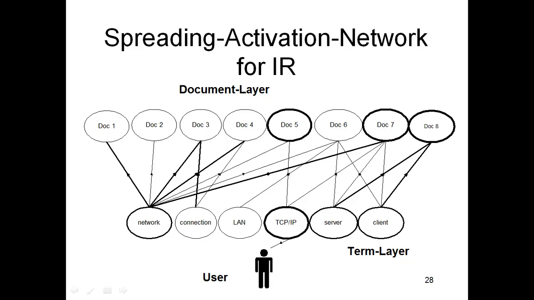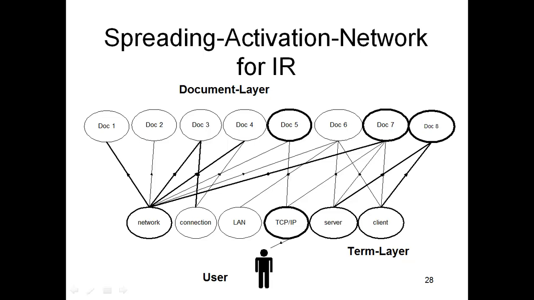If there is a high weight, like network for document 7, then we have a strong connection, shown by a stronger line. Each connection is one of the cells in our document-term weight matrix, initiated with the weight value. So this is a connection that leads through lots of activity, whereas this one doesn't, because it's a weak connection between LAN and document 6: the word LAN appears not so often in document 6.